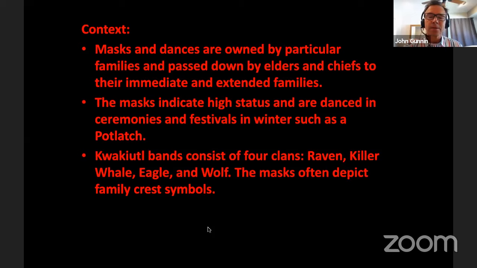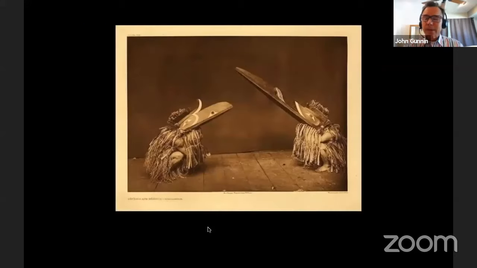And so you could be guaranteed of coming away with a gift. But they are very interesting ceremonies, and you could see that prestige of the mask, very, very important.